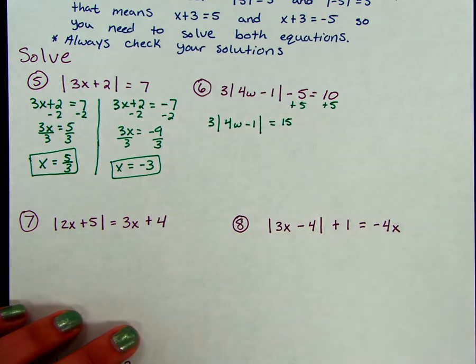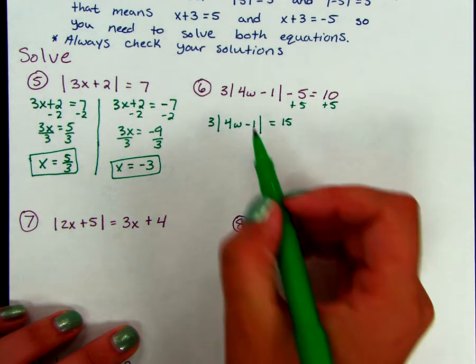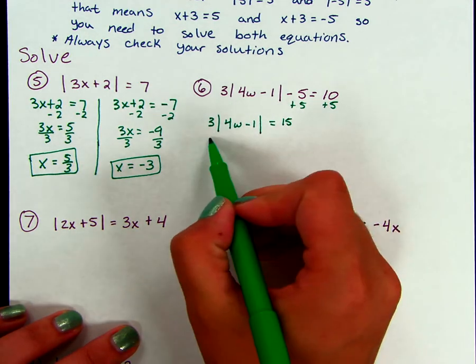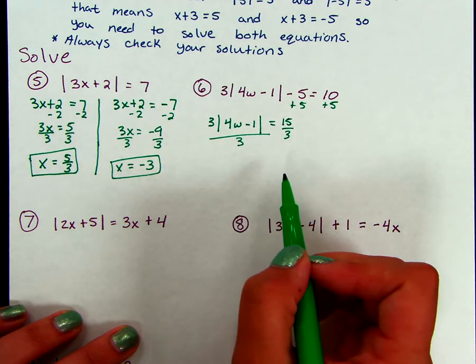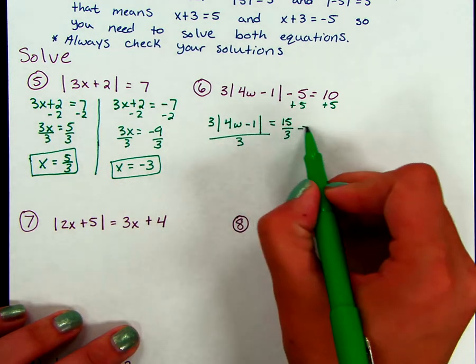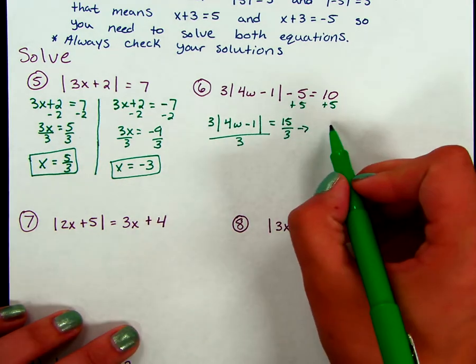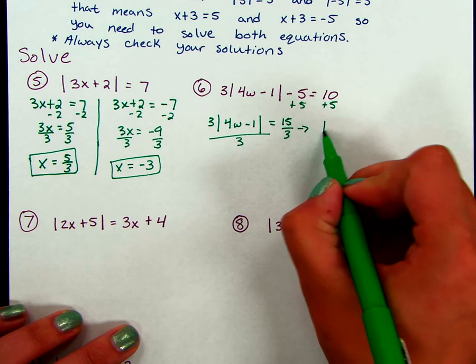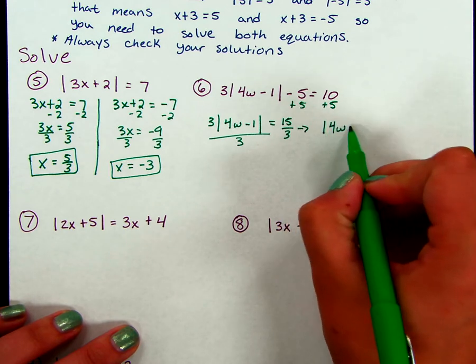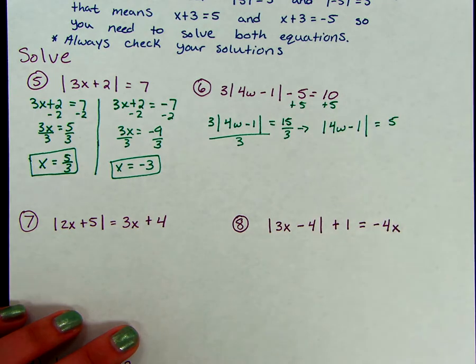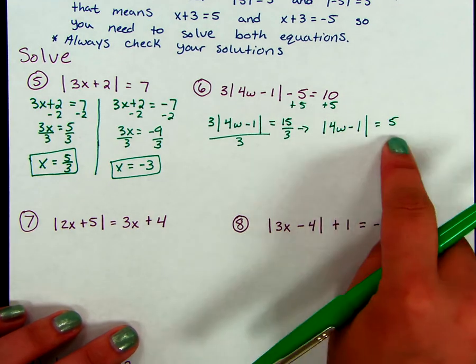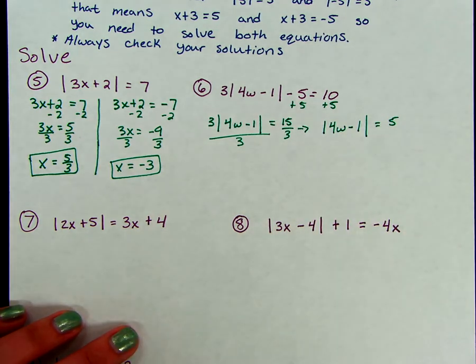And again, I need to get that absolute value alone before I can continue. So you always isolate the absolute value before we write our two equations. So now we have to divide by 3. And remember, we can't distribute that in. That's not allowed with absolute values. So now the equation that we want to look at is the absolute value of 4w minus 1 equals 5. This is the equation that we want to use to write our two separate ones and solve.